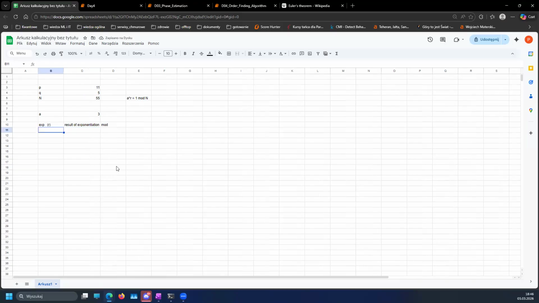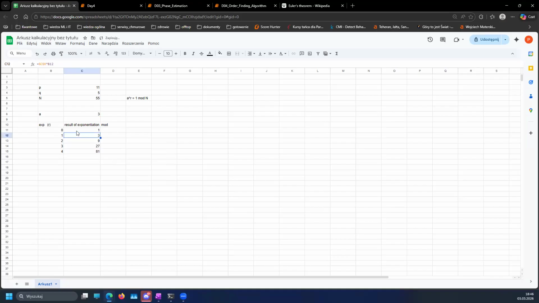Okay, so here let's say that we have 0, 1, 2, 3, 4, and so on. For now it will be okay. And now the result of exponentiation, so A to the power of R.